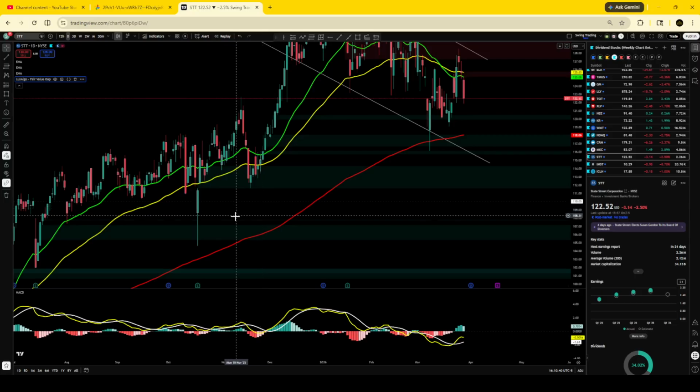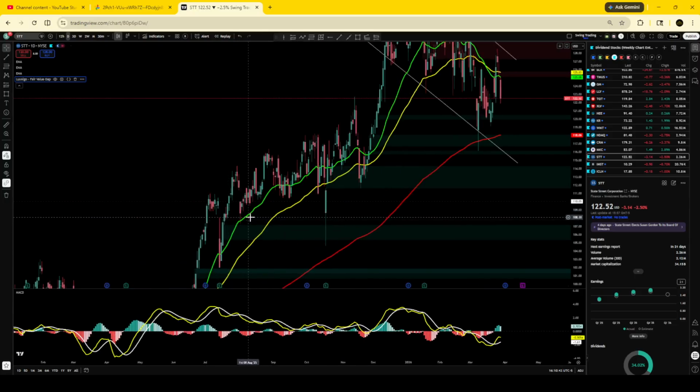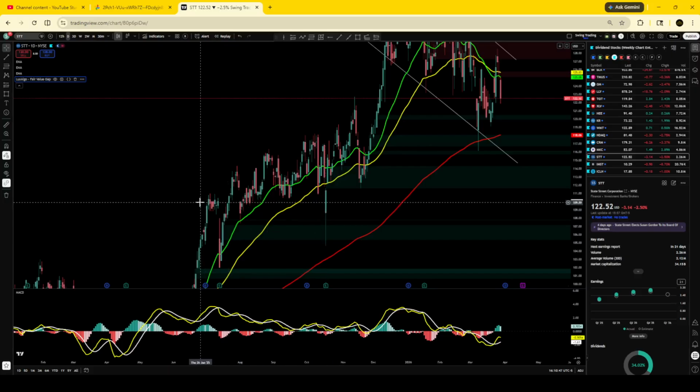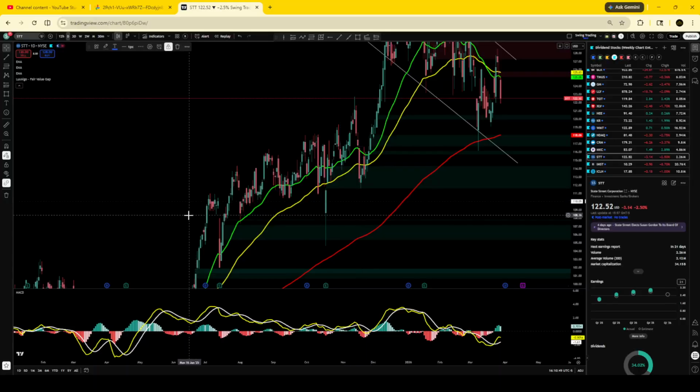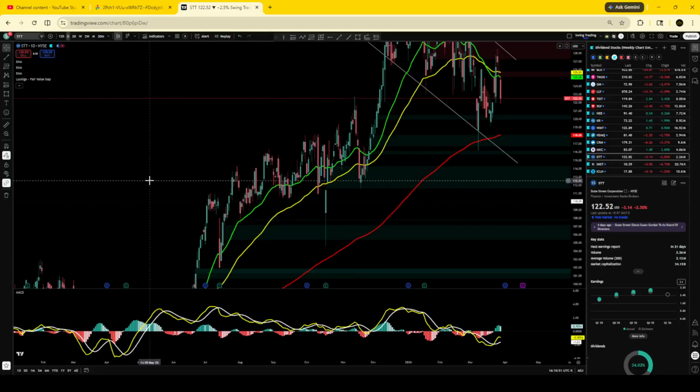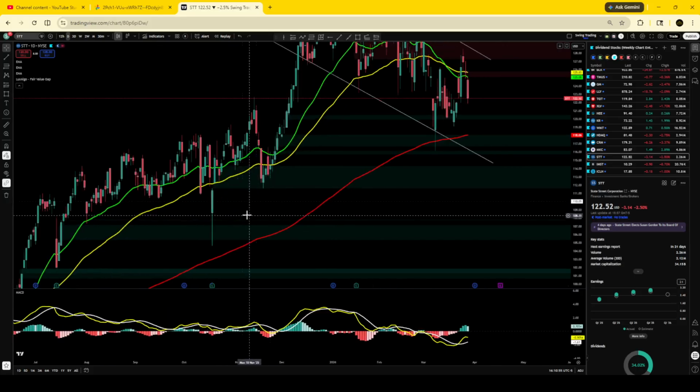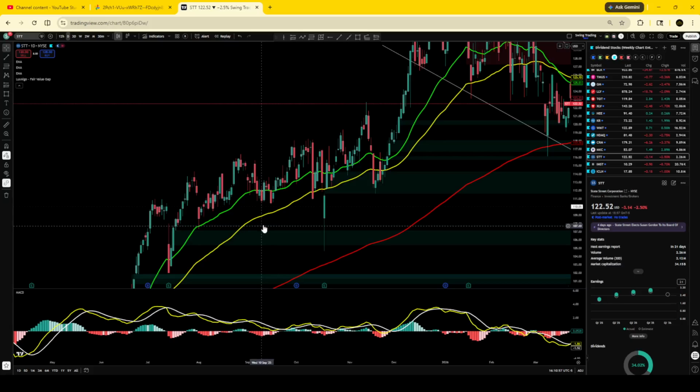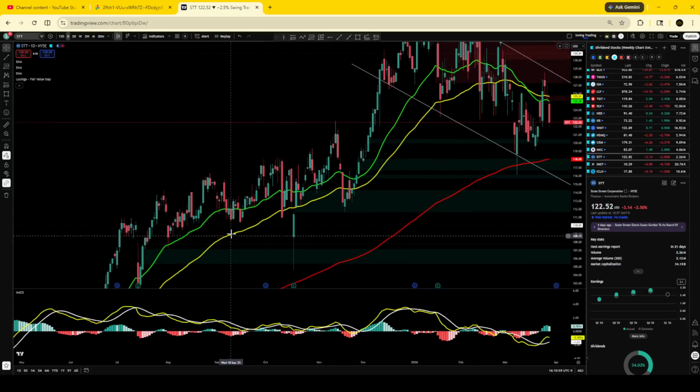And then the next one, the other one, look how many times price has come to this area. And this is on the monthly. These dotted lines are based off the monthly chart. And now this is the daily chart. So this is why I do it on the monthly, because the monthly shows how many times price has been to this area.